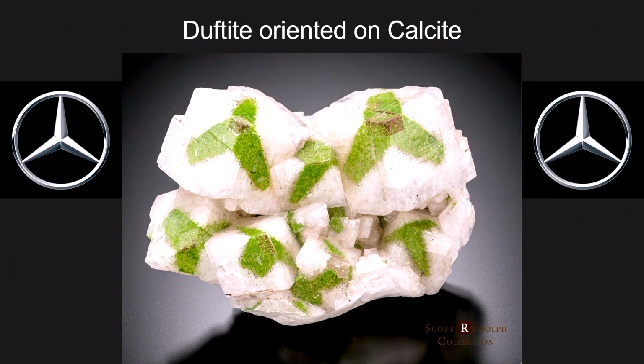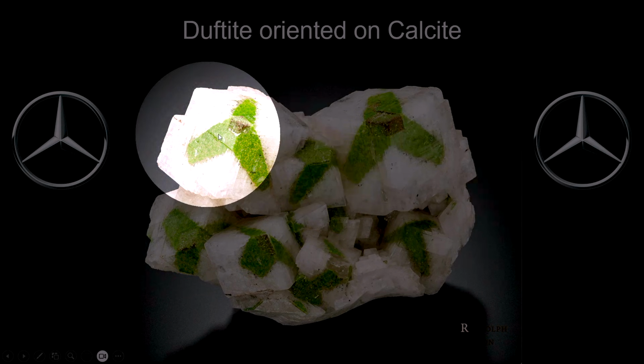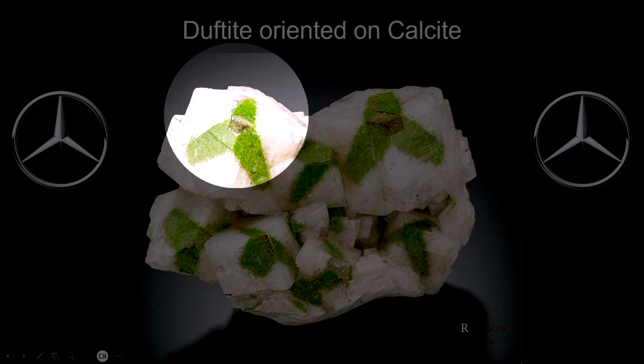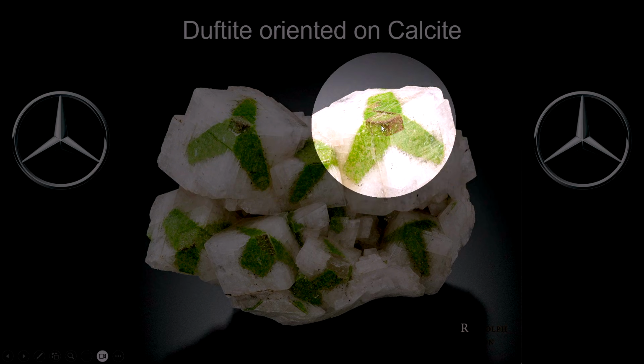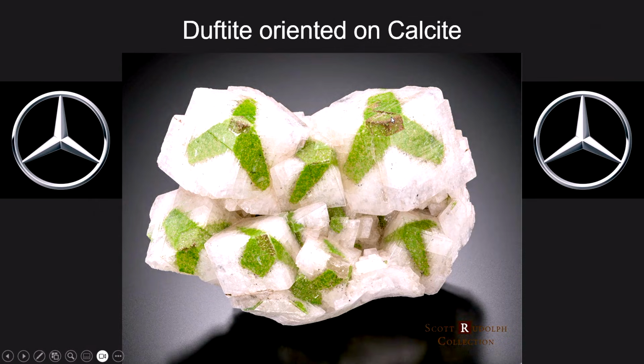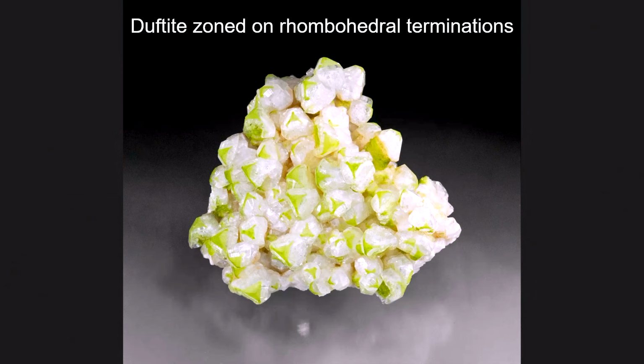The other thing that is worth noting about this specimen is that these rhombohedral faces are not entirely complete and intact. There are little defects at the apex of the rhombohedron where the calcite is missing. And we'll see other pieces like this in just a moment.